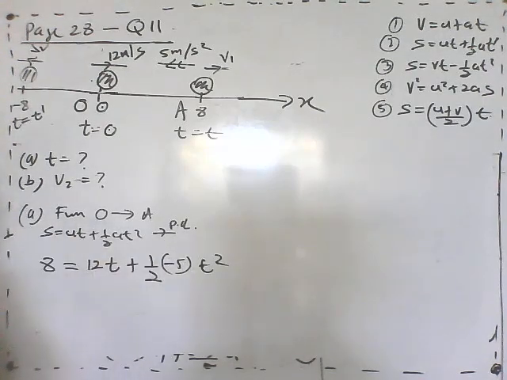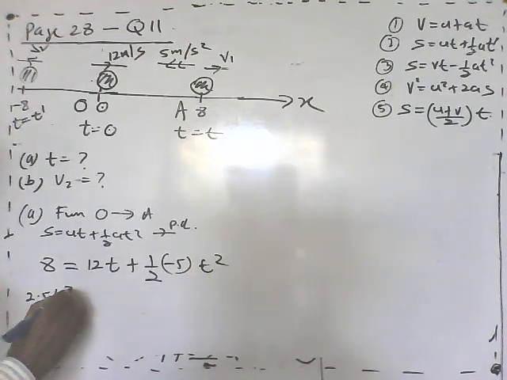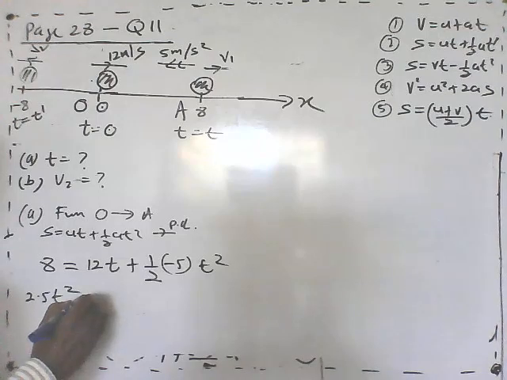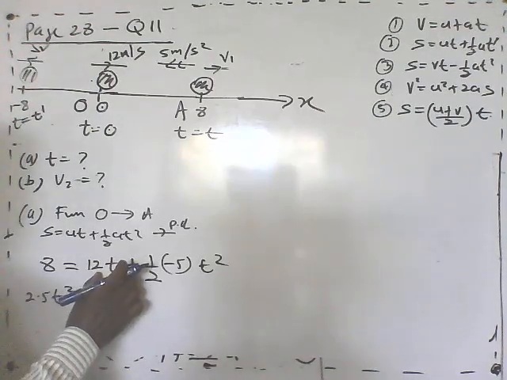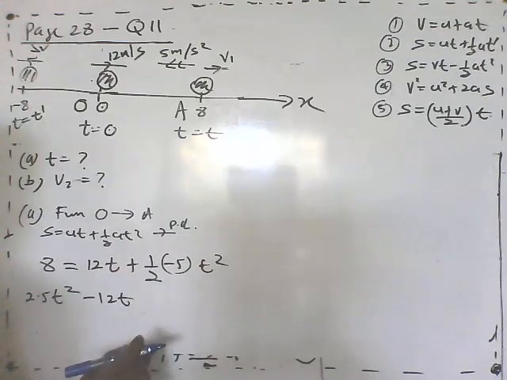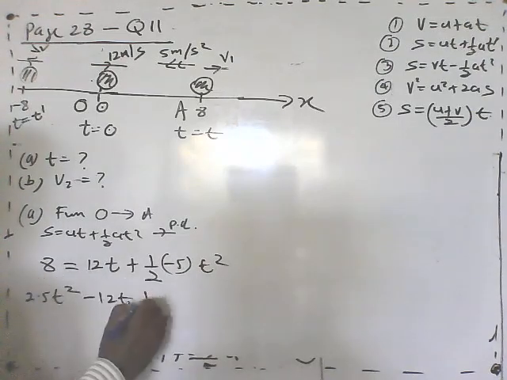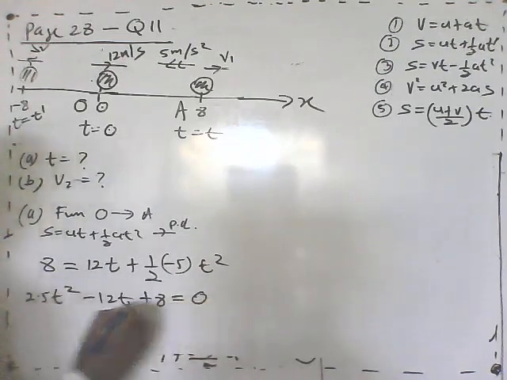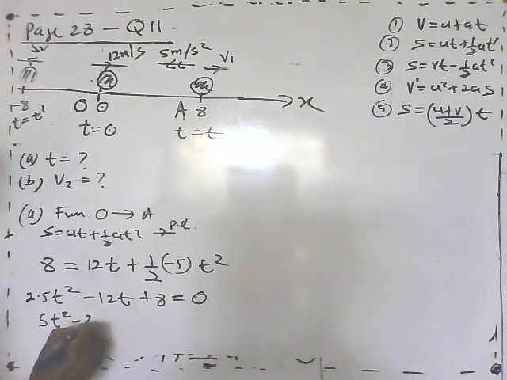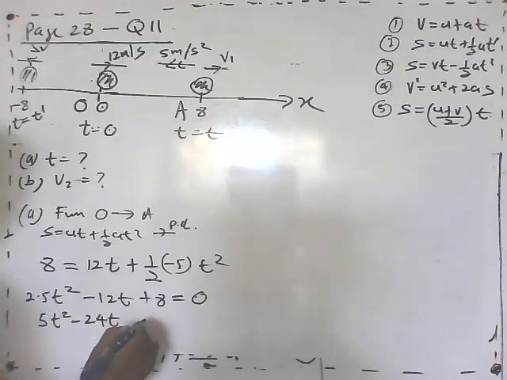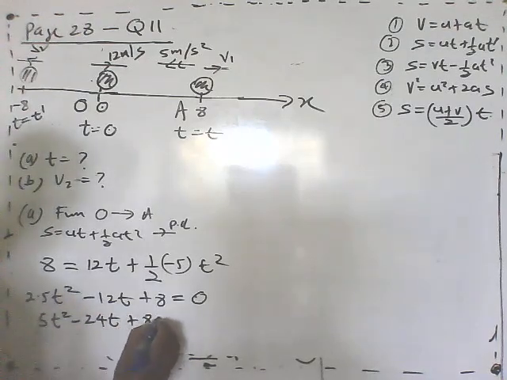Now this is going to be 2.5, I will bring this to this side: 2.5 t squared minus 12t plus 8 is equal to 0, and if you multiply by 2 we will get 5t squared minus 24t plus 8 equals 0.